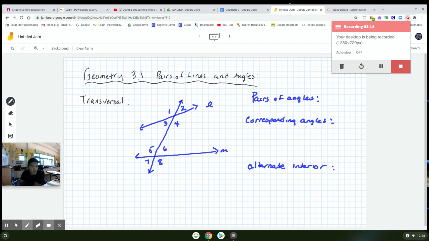Okay, so now taking a look at specific pairs of angles in the diagram. There's pairs of angles that we've already talked about and defined before, like there's linear pairs of angles, there's vertical angles. So you should know those. These are just the new pairs of angles. One new pair of angles are corresponding angles. So corresponding angles are a pair of angles that are in corresponding position.